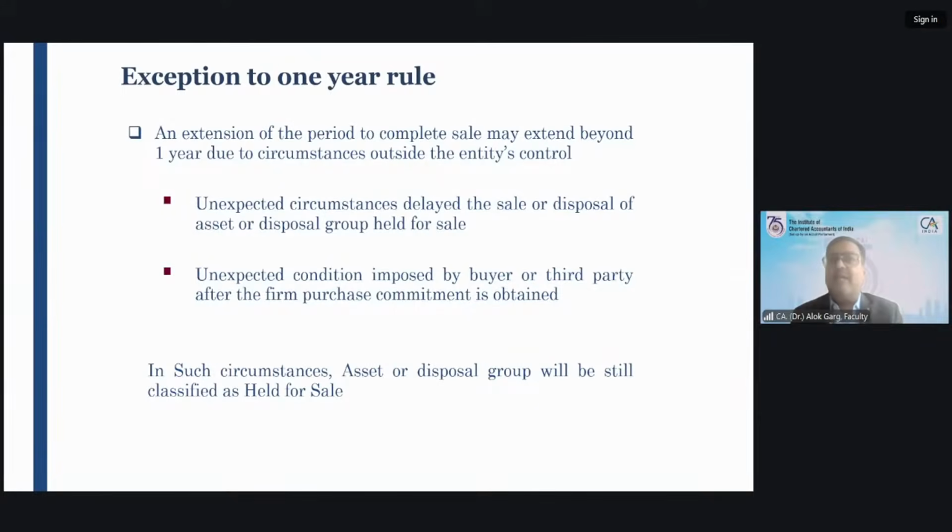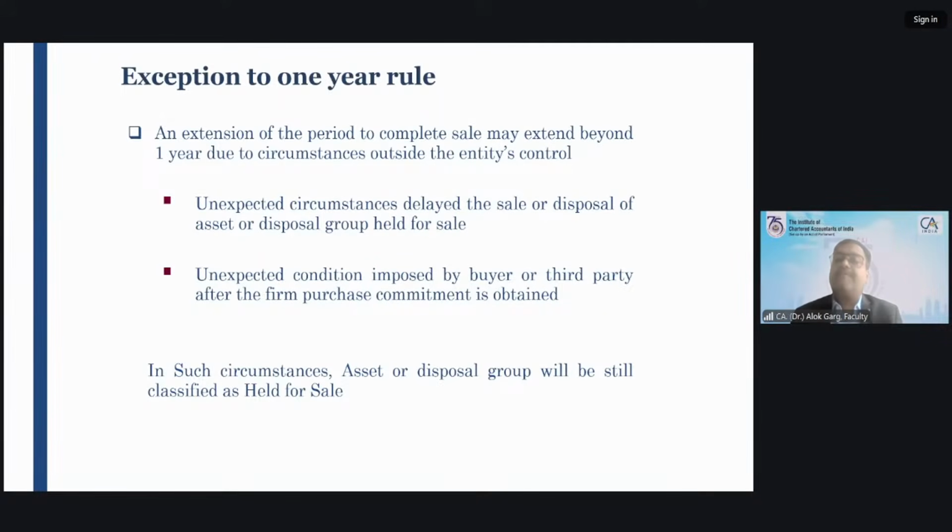What is meant by binding agreement? Binding agreement means firm purchase commitment. What is meant by firm purchase commitment? It means if any party walks out of the contract or breaches the contract, they have to bear severe penalties.